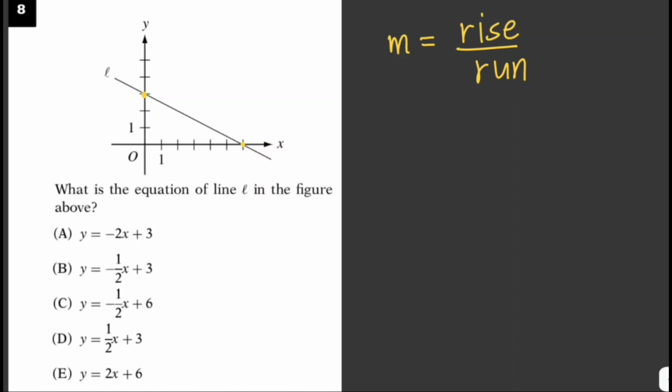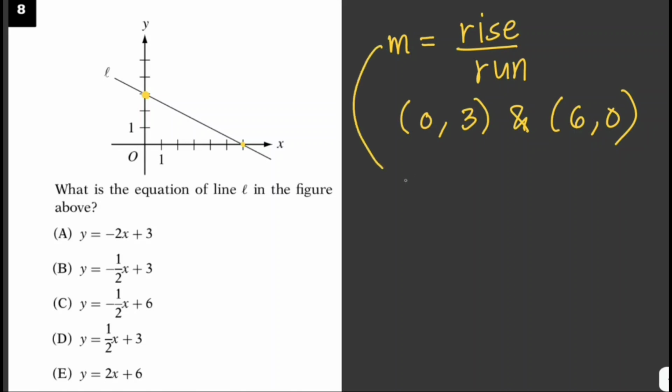So we have 2 points on the line, which are (0, 3) and (6, 0). If you're going to do rise over run, your rise is from 3 to 0, so that is 0 minus 3, which is negative 3, and your run is from 0 to 6, so that is 6 minus 0, which is just equal to 6.